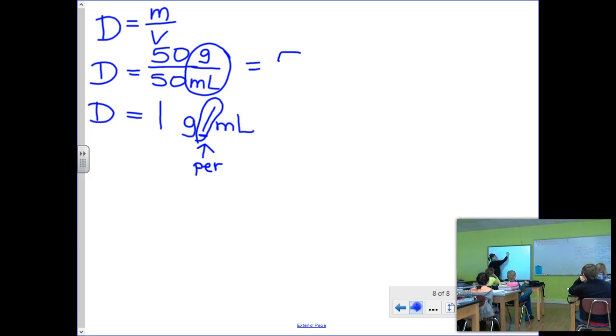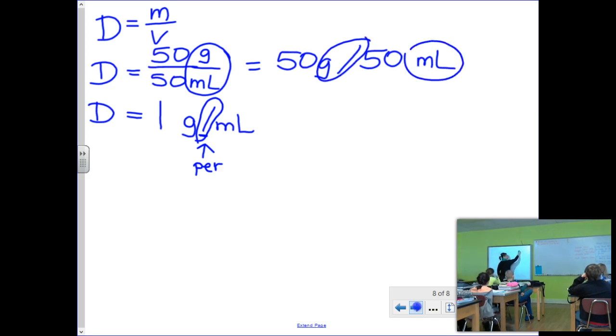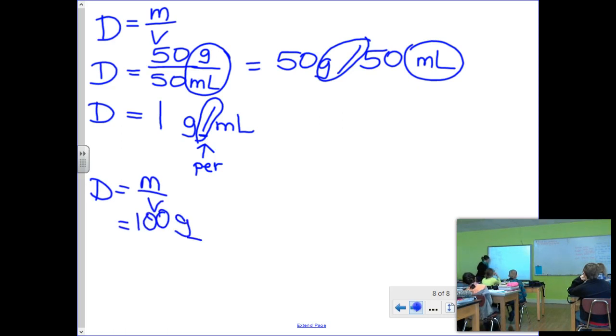Some people like to write it like this: 50 grams divided by 50 milliliters, because it helps them remember to take this and that and just stick it together. If that helps you write your units the proper way, you can do it that way too. And for my other one, what's 100 divided by 100?